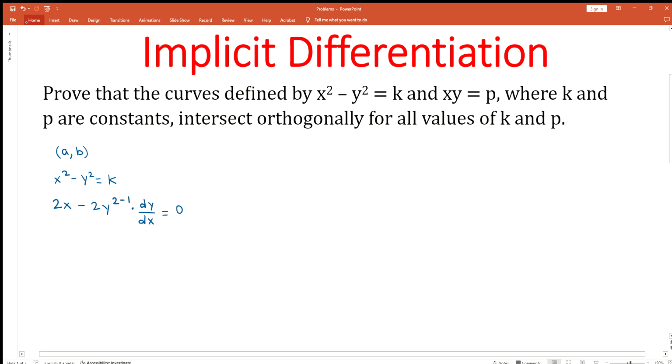Now we have to isolate dy over dx in this equation. The exponent of y is 1. We can ignore the exponent 1. Next, we can move 2x to the right side of the equation. It will change to negative 2x.